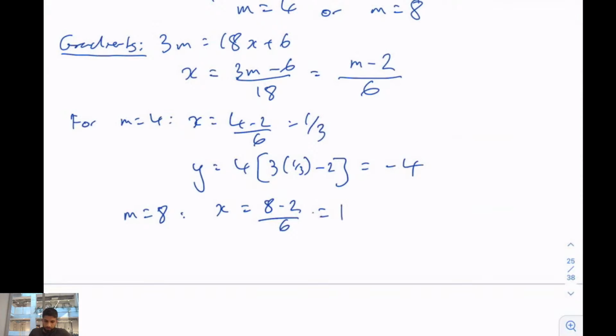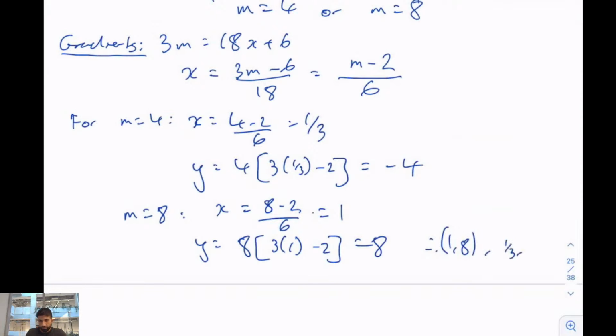So that's 1. And then y will be 8 times, again substituting back into the straight line equation, (3 times 1 minus 2). So that's going to give you 8. Therefore, you can say (1, 8), and we have got (a third, minus 4).